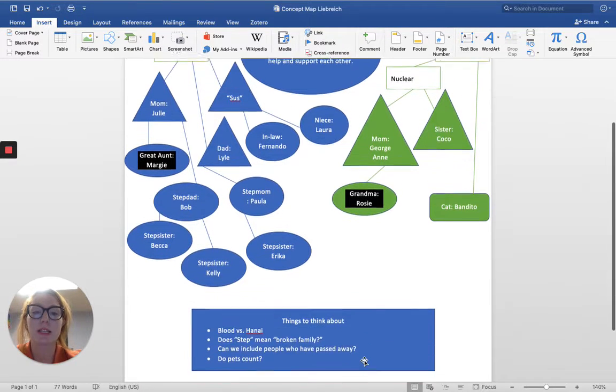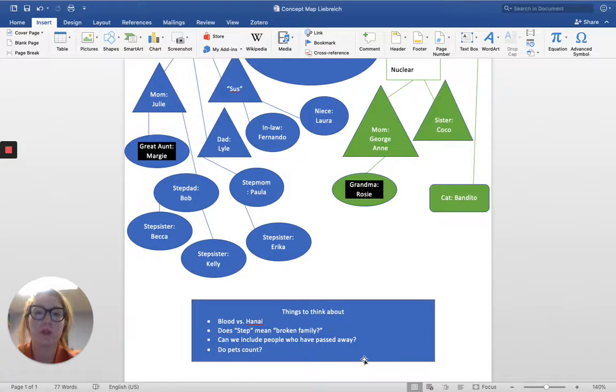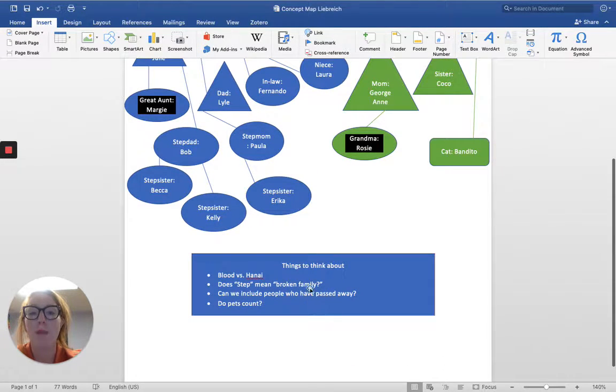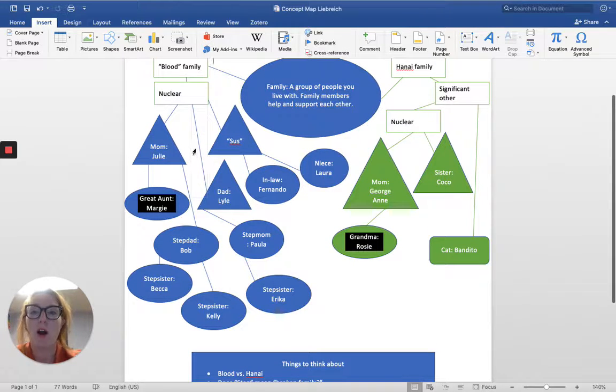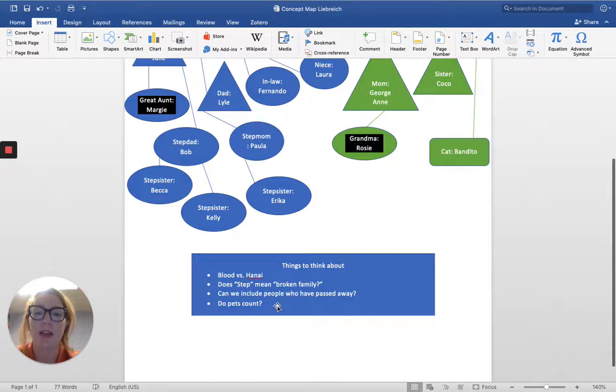And then regardless of whether you do your concept map electronically or by hand, you'll want to make sure you draw upon some of the stuff we've been discussing because of our class readings. So for me, I didn't have space in between the lines and circles, so I just put a little box at the end addressing things to think about that I would want people who are reading my concept map to think about.